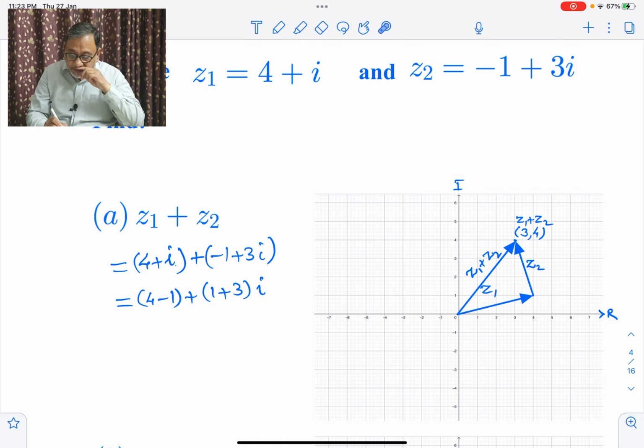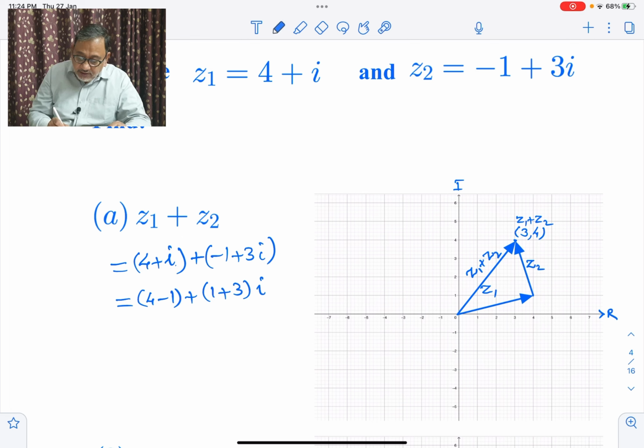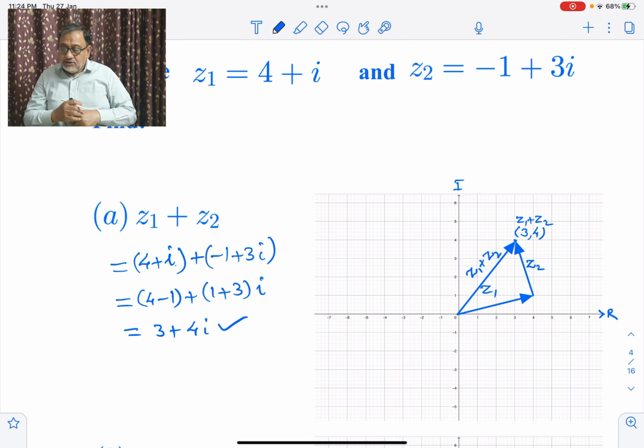So again I'll explain to you: 4 the real part and minus 1 another real part, they will be added together. In the same way, for imaginary part, here is only 1, and 3i has only 3 imaginary part, so 1 plus 3. Now like that it will be 4 minus 1 is 3, plus 1 plus 3 is 4i. So look here, the diagram exactly represents the point 3 comma 4. So I hope you understood it. Okay.